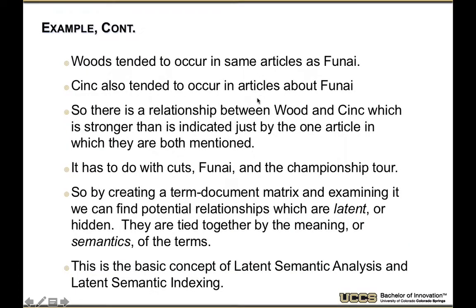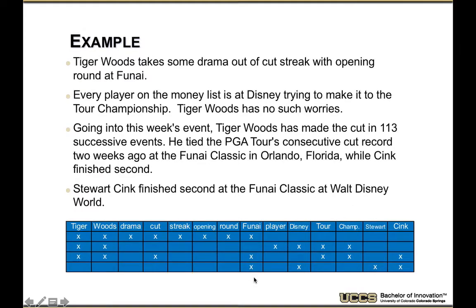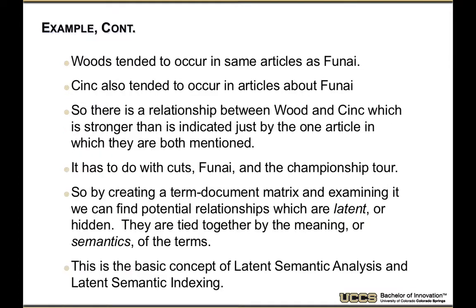Now you'll also notice, if we go back and look at this, that the word Tiger shows up with Funai frequently. So when this last document talks about Funai, we might think it still has something to do with, or is related to, Woods, and so on. There are lots of relationships that are mentioned. By creating this term-document matrix and examining it, we can find potential relationships which are called latent, or hidden.